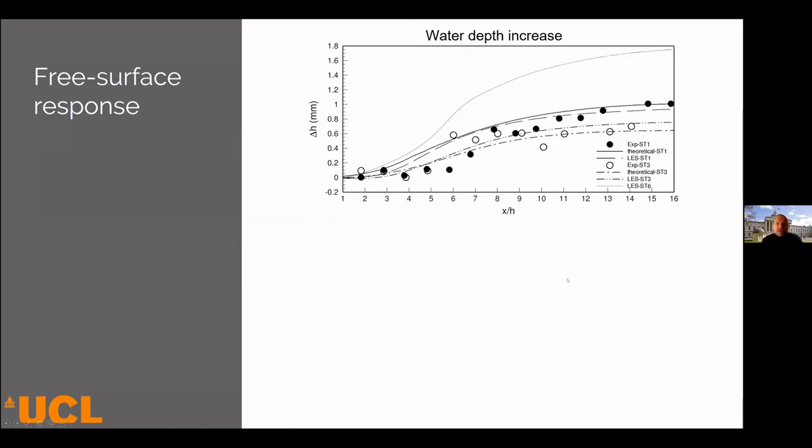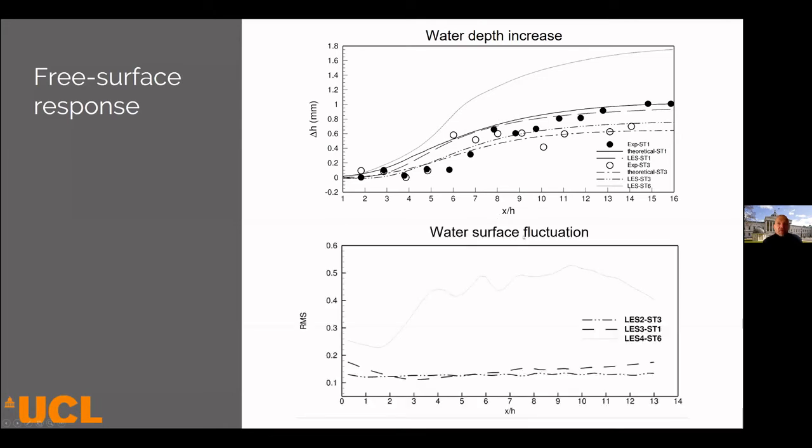So here, this is just to show you the water surface rise. This is the mean, the average rise of the water surface. We've also got the measurements here. Depending on the depth, obviously in the deepest case the water surface doesn't rise too much, and then the shallow one rises in a more pronounced way.